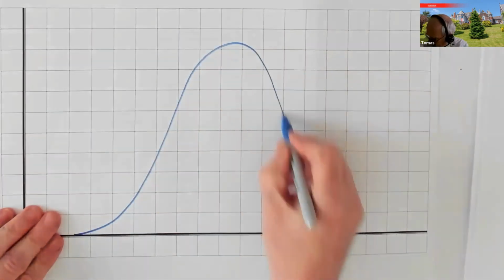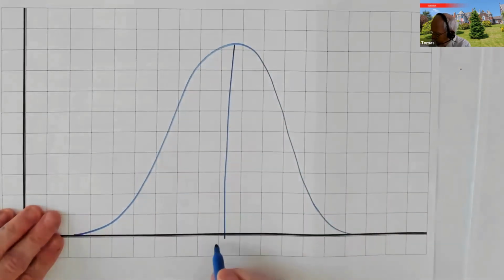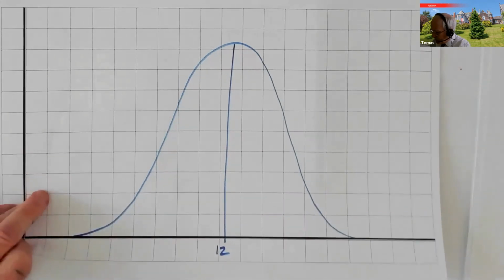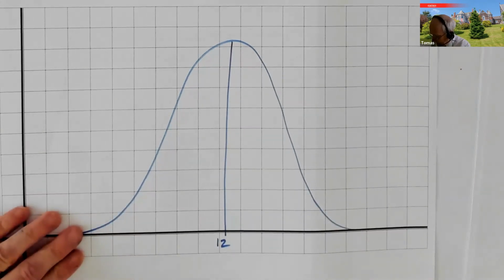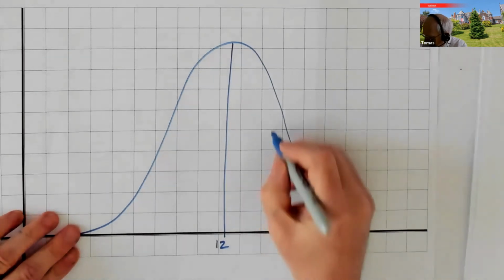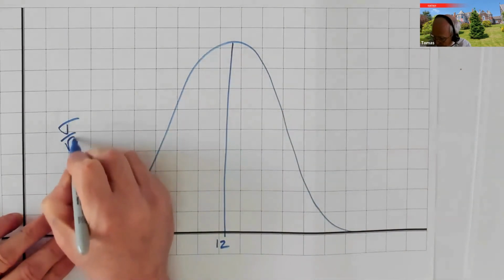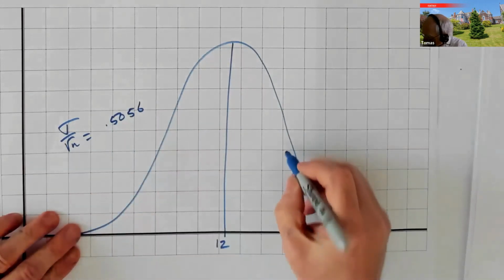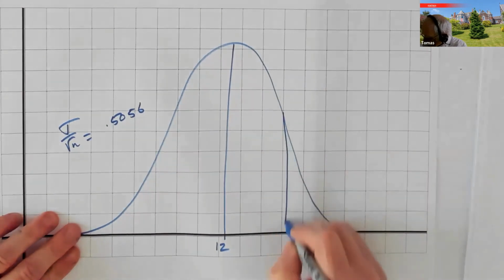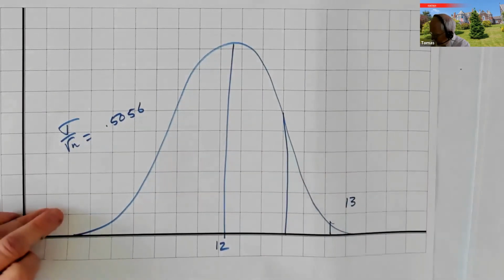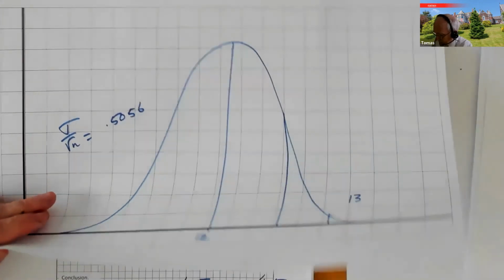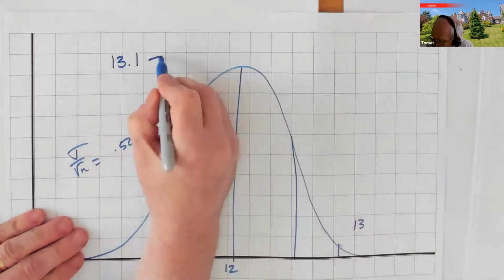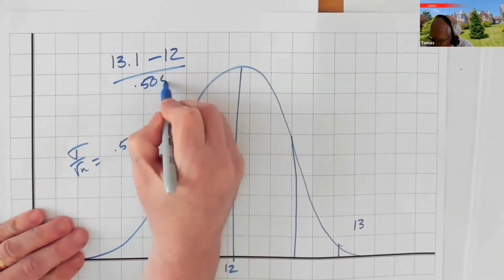So my graph is now, how far is 12 and 13.1 apart if the standard error is 0.5056. If sigma over root n is 0.5056, two of them would bring me to about 13, and 13.1 was the average weight, so 13.1 minus 12 over 0.5056.